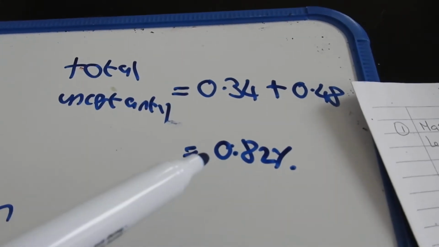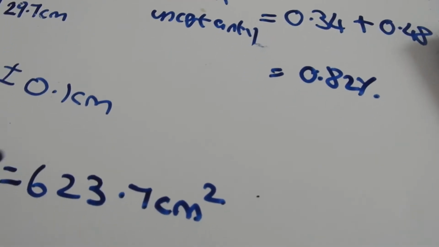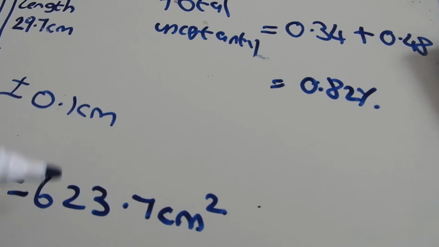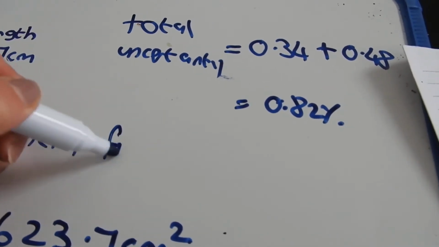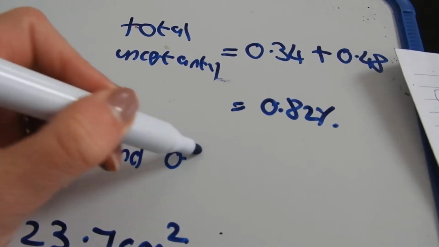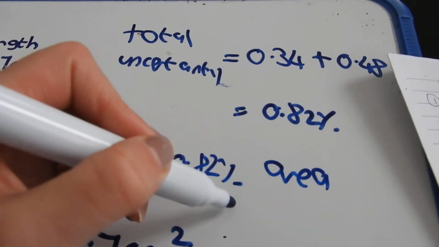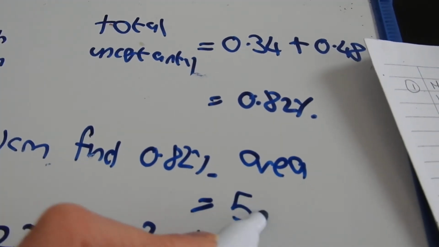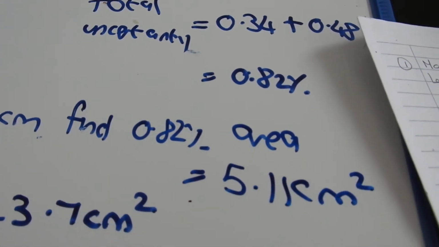Now, our area is 623.7 centimeters squared plus or minus this percent. To find out how many centimeters squared is out, we are going to find 0.82% of our area. When you find 0.82% of the area, you get that value to be 5.11 centimeters squared.